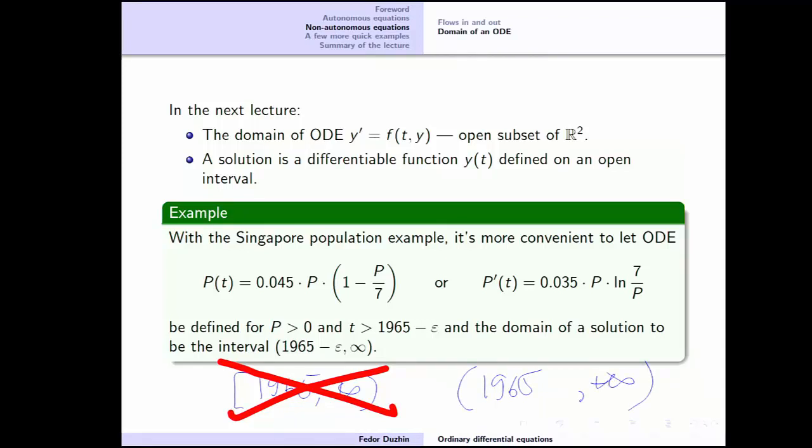Of course, since we want to include the point 1965 into the domain, that's why we put minus epsilon here. So it is kind of just more convenient to work with open intervals.